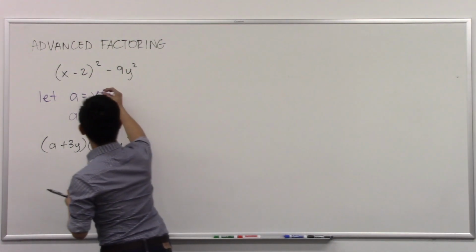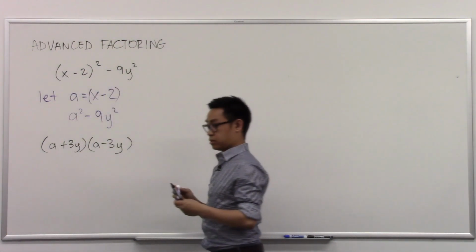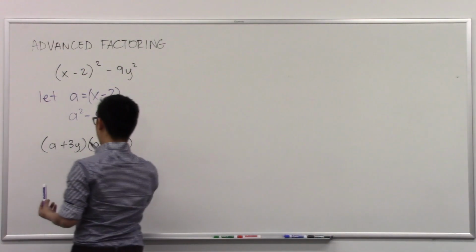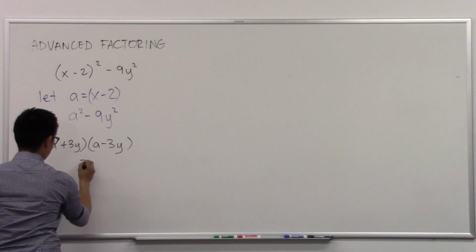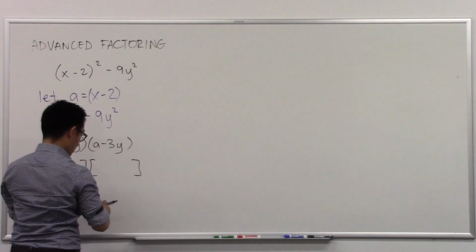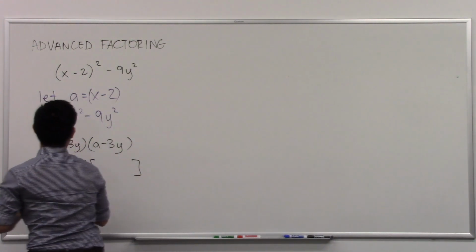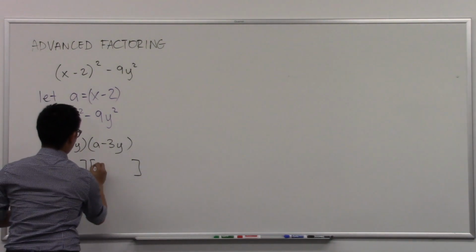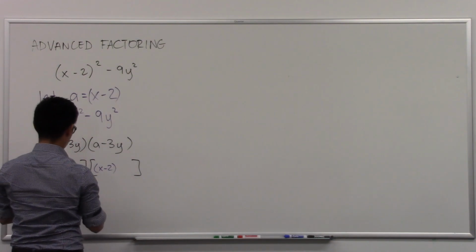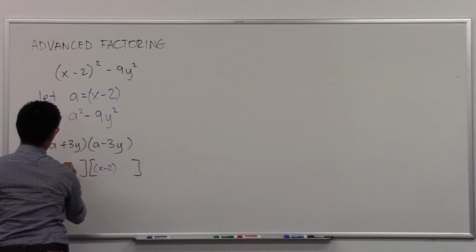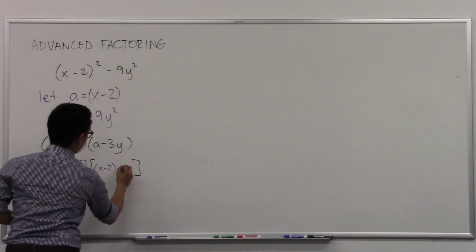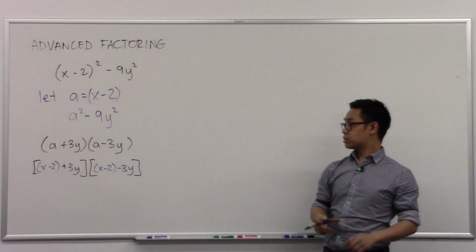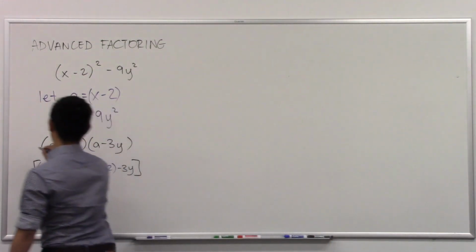I'm sorry, I should have had brackets on this. So now I put that back into my expression here, and I get x minus 2 in the place of the a, plus 3y, minus 3y. Equal signs on here.